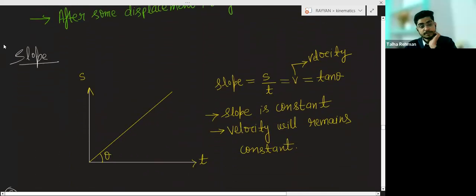Now this is a very important part, slope of the graph. Suppose this is a displacement time graph again, and we have this type of straight line graph.